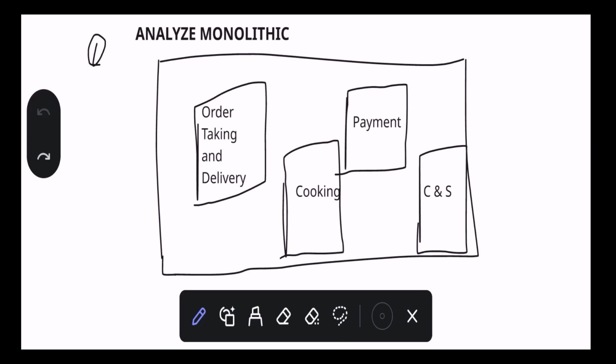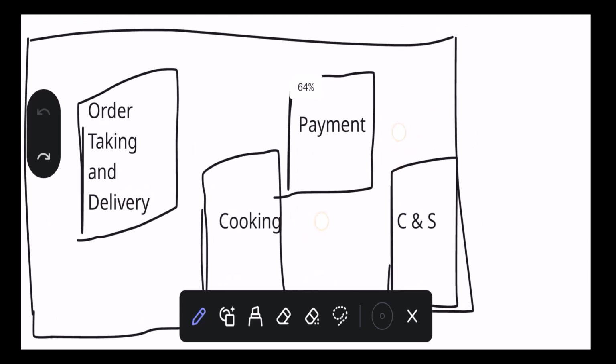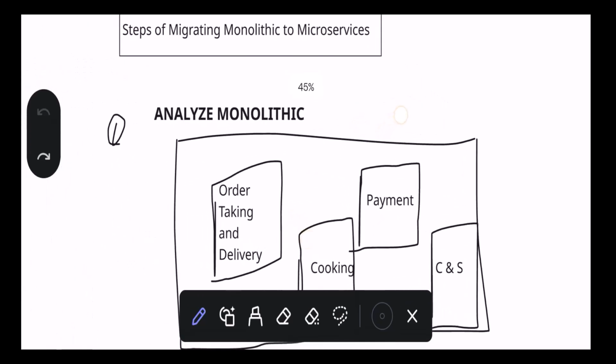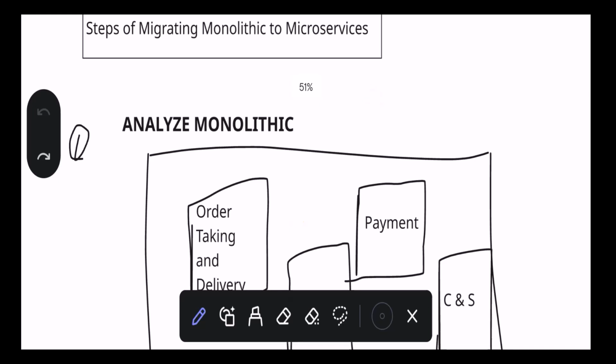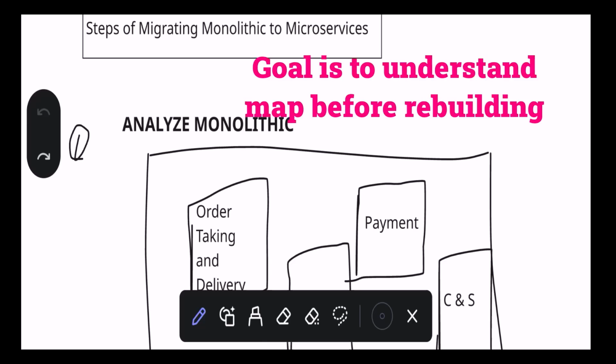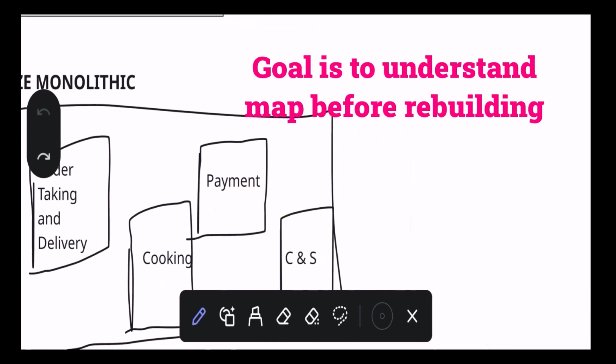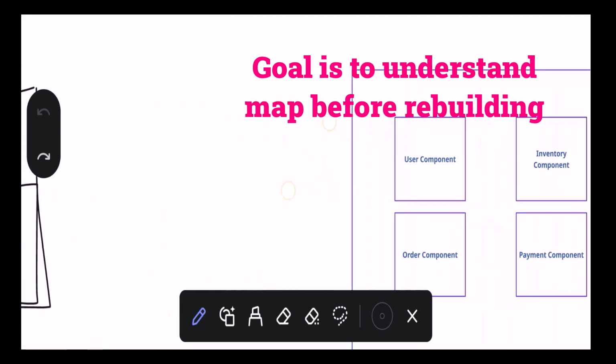So yes, first of all we have to analyze our monolith. Here we have to ask ourselves what we currently have, and our goal is to understand the map before rebuilding or transitioning to the microservices architecture.